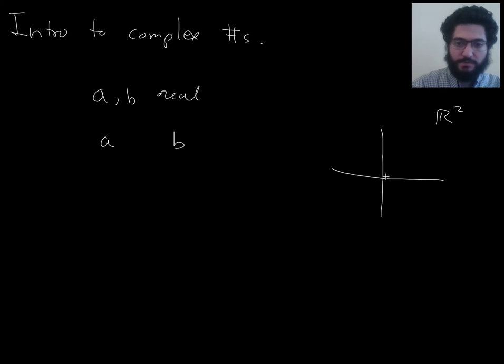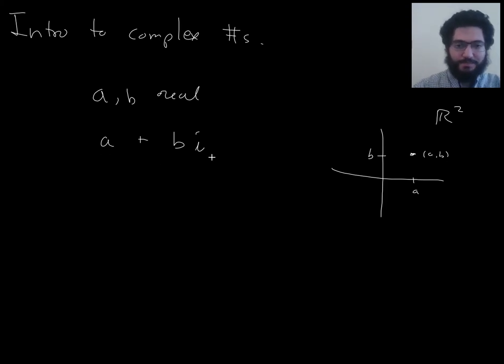So go over a units, go up b units, and then you would call the point a comma b. Except we write it differently. Instead of writing it as the ordered pair a comma b, we're going to write it as a plus b times i. So think of this as just the way that we write the ordered pair a comma b.